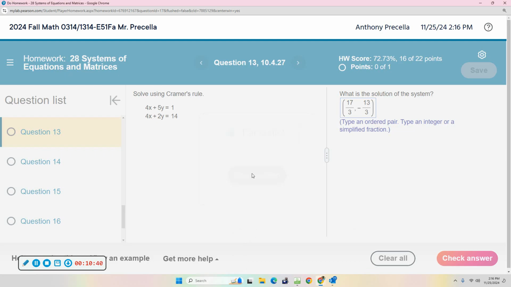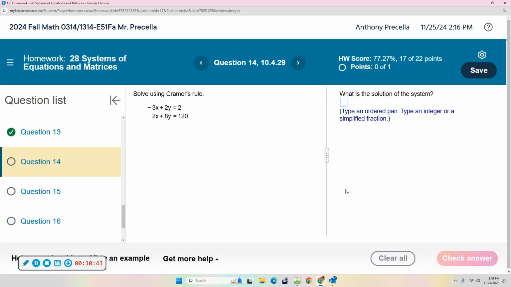Let's look at number 14. It's another system. Negative 3x plus 2y is equal to 2, and 2x plus 8y is equal to 120.